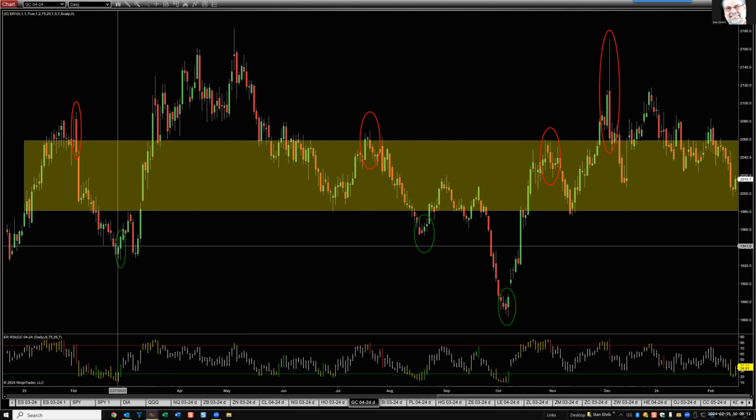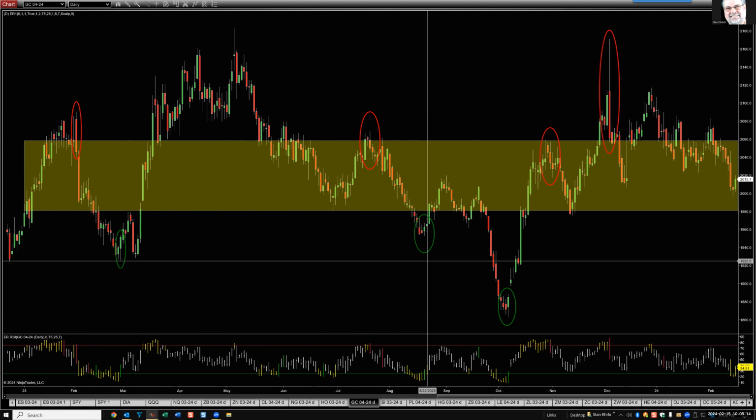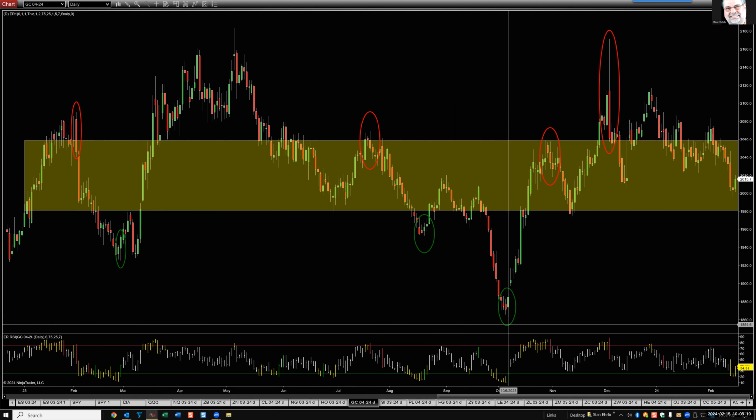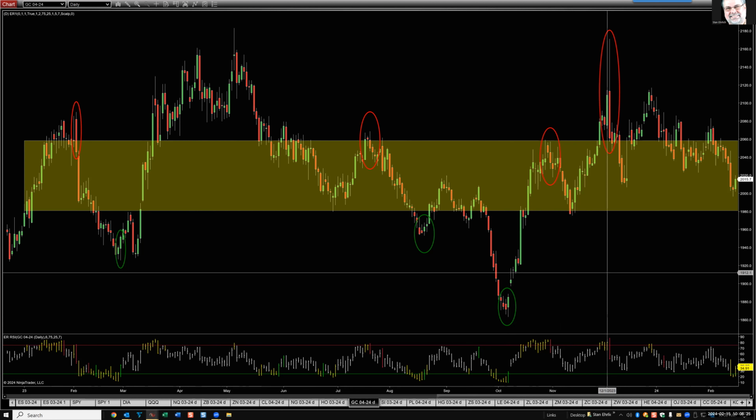Buy signals right at the bottom, to the day, right at the bottom to the day, and right at the bottom to the day. Now, that's a wide selection of buy and sell signals, all happening, I believe, in 2023. Am I going to get the same results this year with gold? I don't know. I hope.